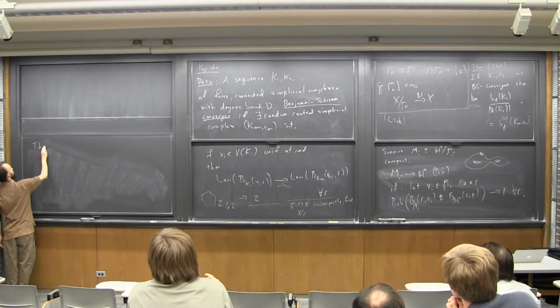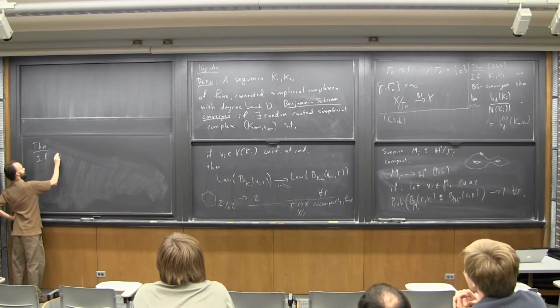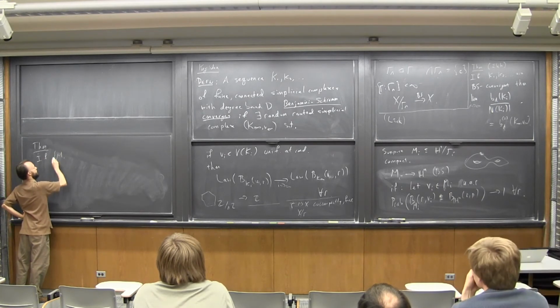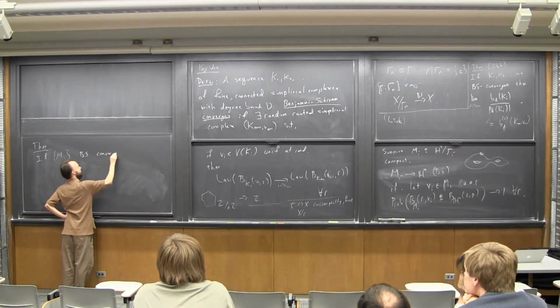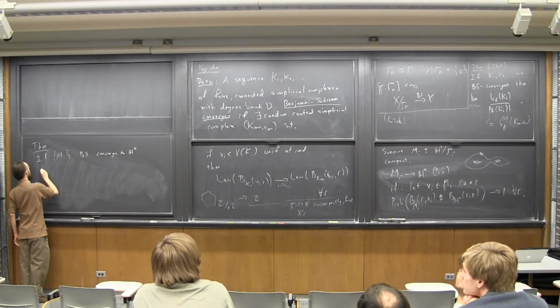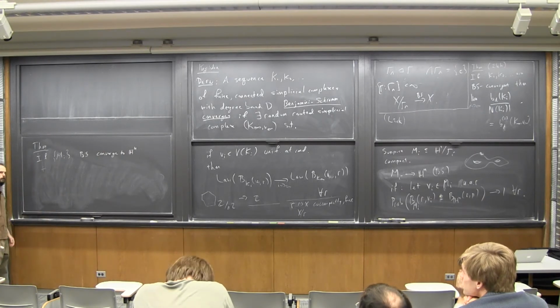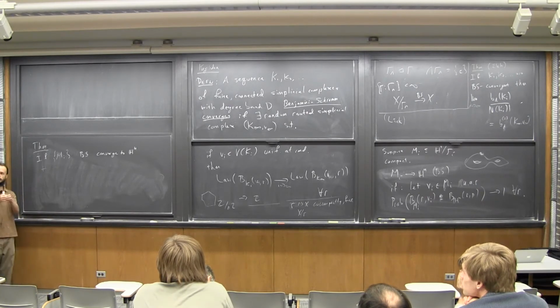A theorem that can be generalized a great deal says something like: if the M_i Benjamini-Schramm converge to, say, hyperbolic 4-space, and, well, we need bounds, let's say small enough balls are strongly convex. Strongly convex means that between any two points there's a unique midpoint.